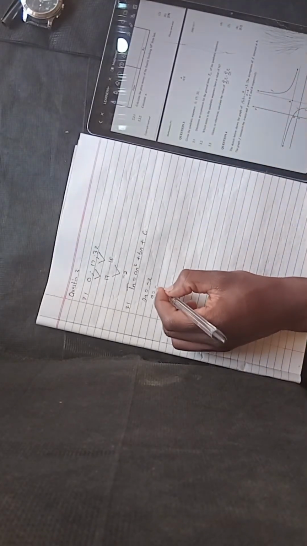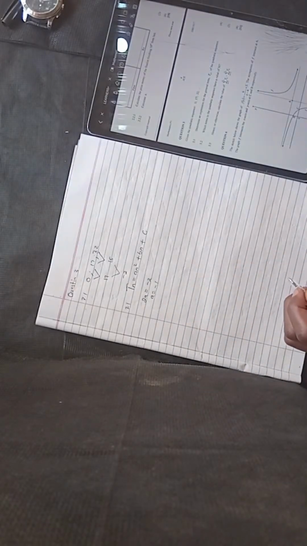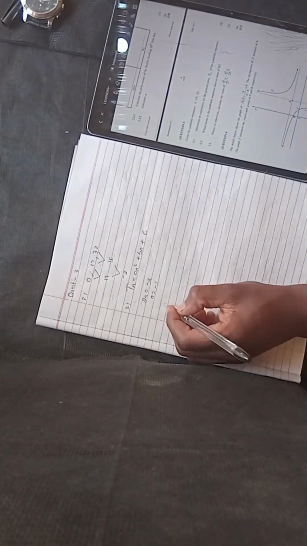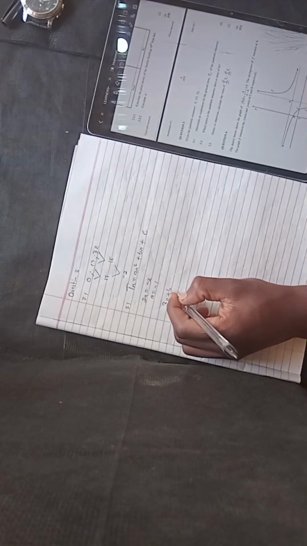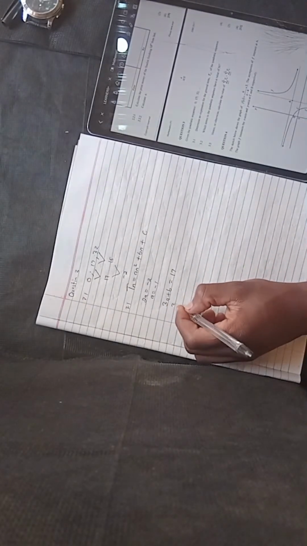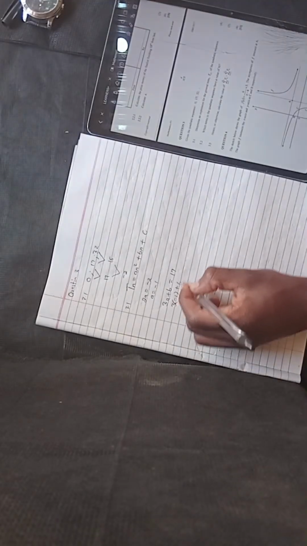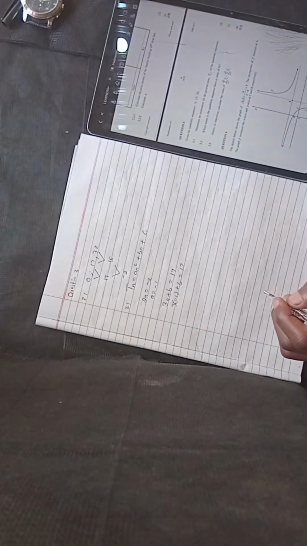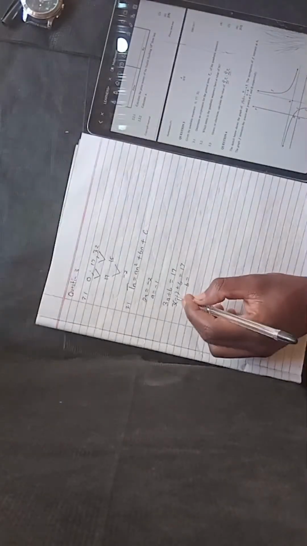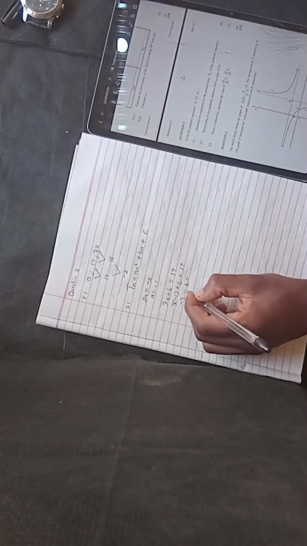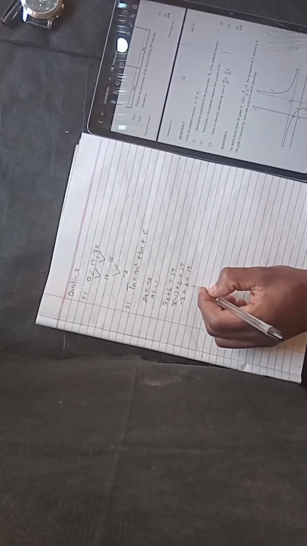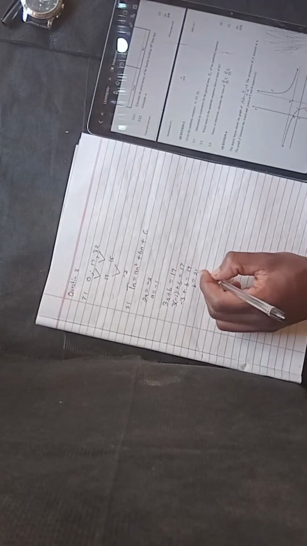So a is equal to negative 1. And then 3a plus b is equal to 17. Therefore, 3 times minus 1 plus b is equal to 17. Therefore, b is equal to 17 plus 3. b is equal to 20.